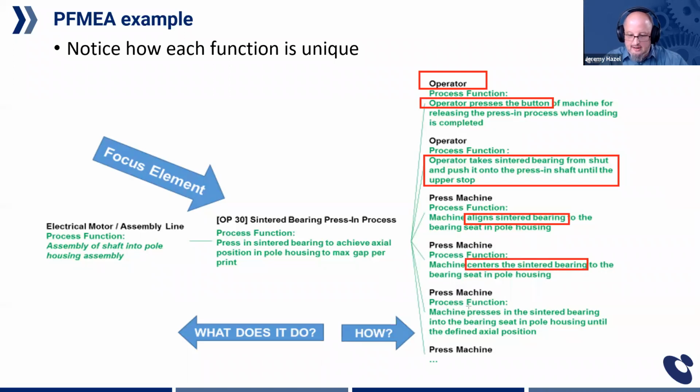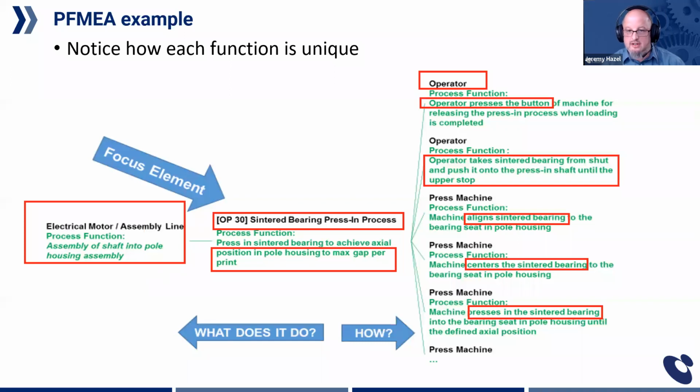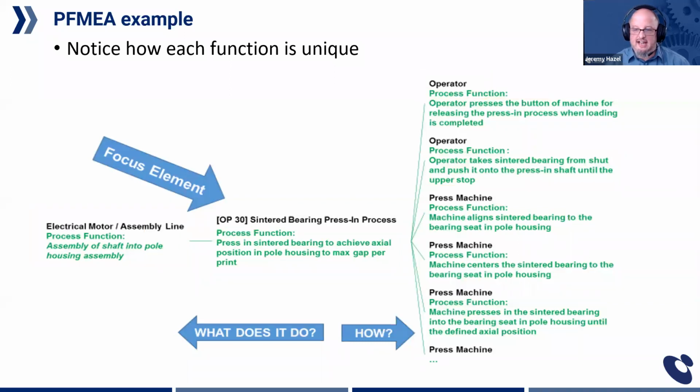The press machine presses the bearing. Is each one of those functions unique? Yeah. Now, what does Op30 do? It presses the bearing to the axial position per max gap. That's different than these. And the entire line assembles the shaft into the pole housing. So again, folks, is every function unique? Absolutely. Did they duplicate functions? No.